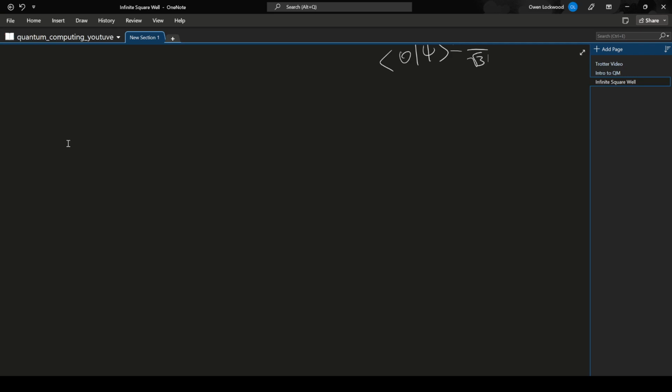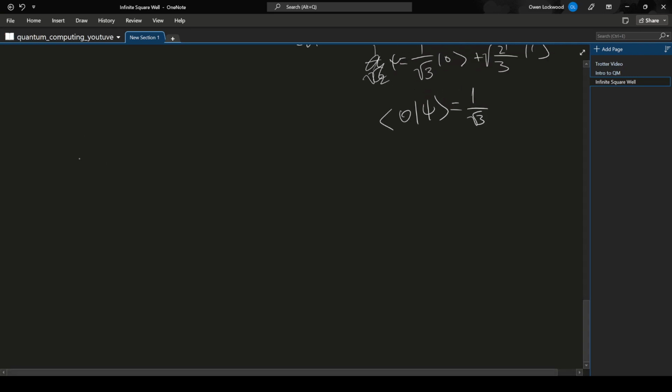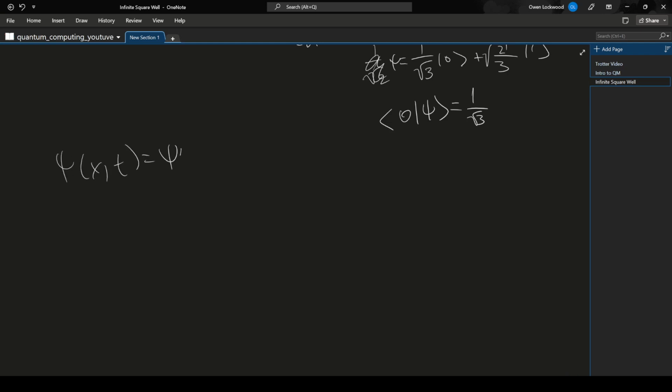So the infinite square well, this potential is very straightforward. Oh, sorry, before we get to the infinite square well, the one thing I want to say is that when we have our function, we now know that we solve for t, so we have e to the negative i E t over h bar.